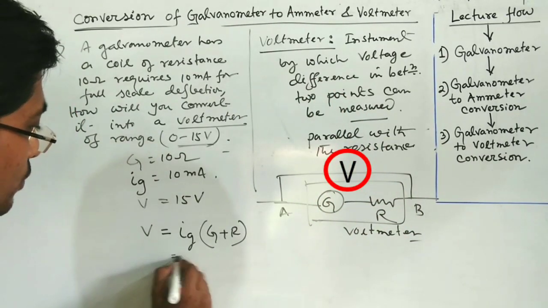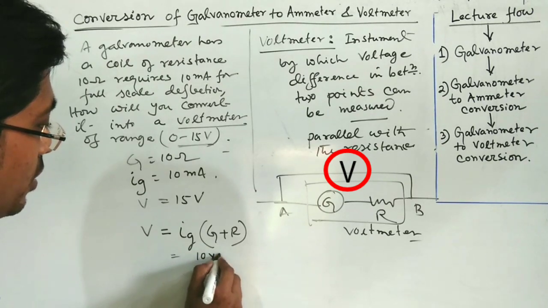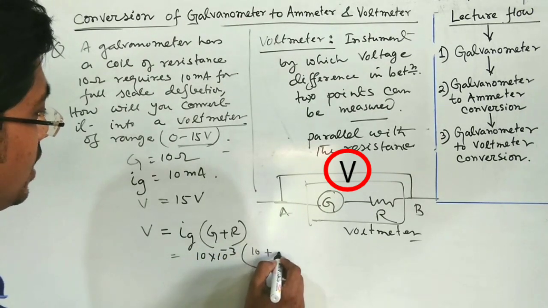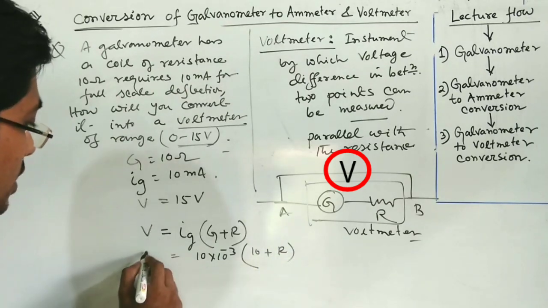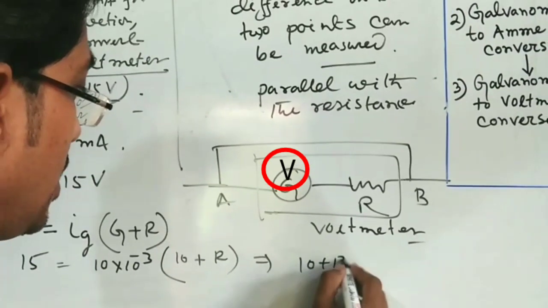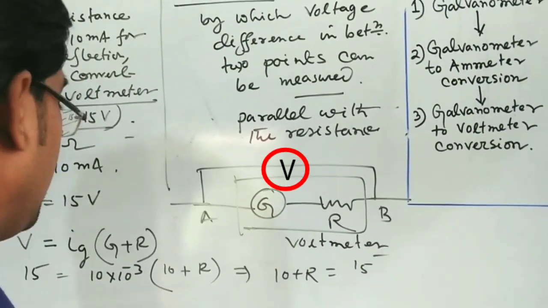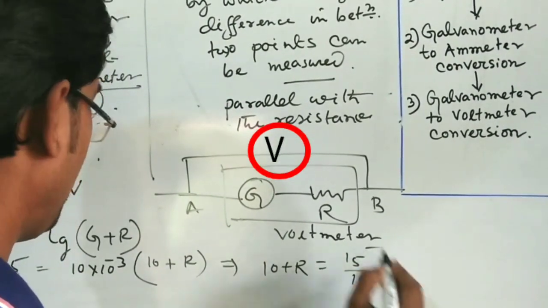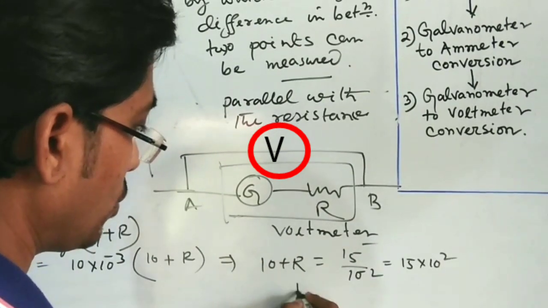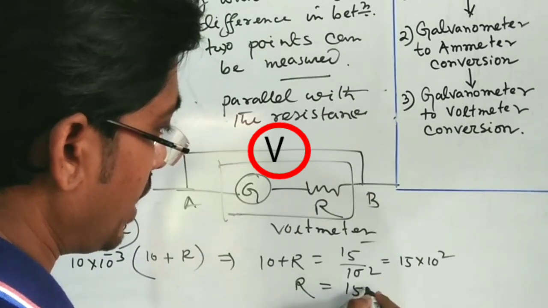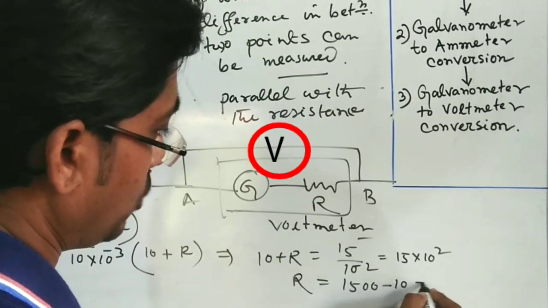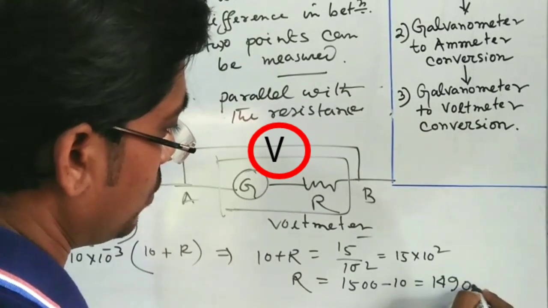So Ig is 10 to the power minus 3, G is 10, plus R, and V is 15 here. So we can write 10 plus R is equal to 15 into 10 to the power 2. So R will be equal to 1500 minus 10, which is 1490 ohm.